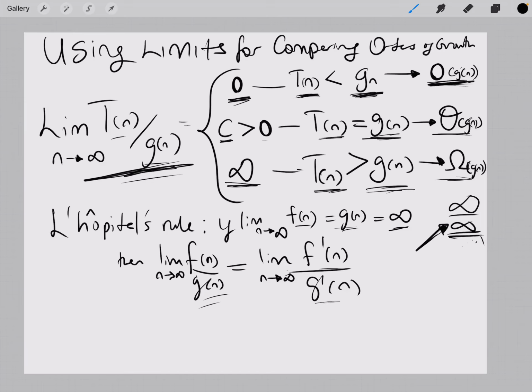If it is indeterminate again, we do this again until we don't have indeterminate values. As long as we keep having infinity over infinity, we are not able to work with the limit. So we have to get to a situation where it's either 0, a constant, or infinity.